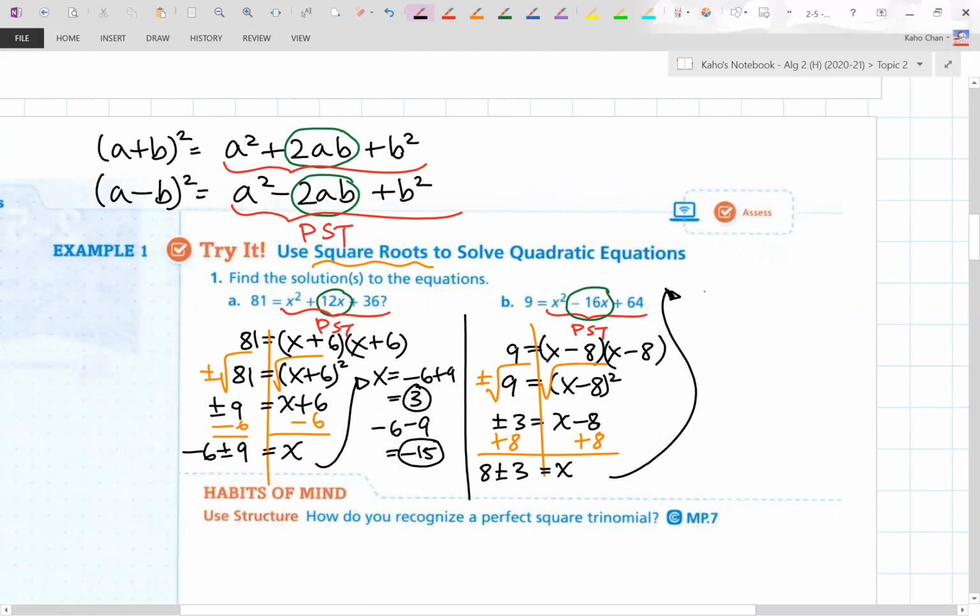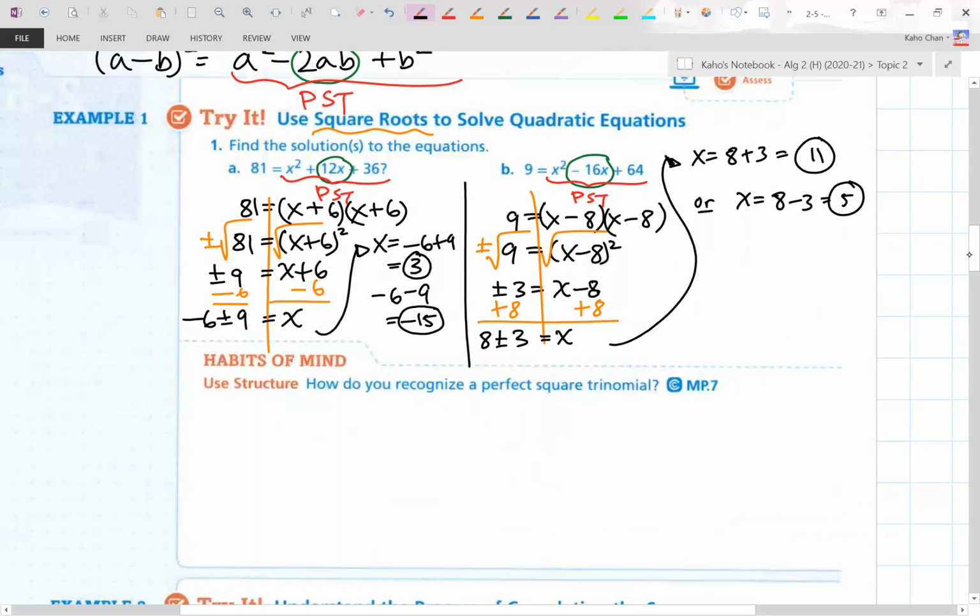Solve them individually. x equals 8 plus 3, or x equals 8 minus 3. And your answers are 11 and 5. Yay! Not bad.